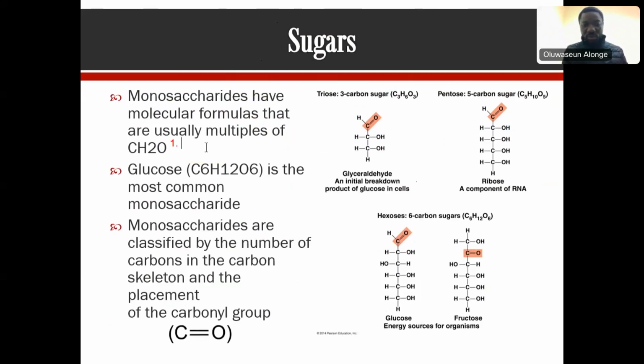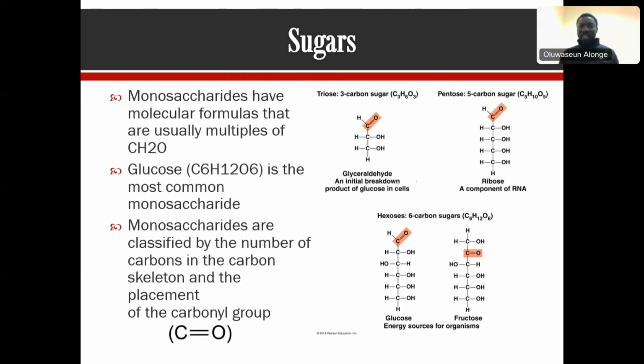Number 1, you have fructose. Number 2, you have glucose. And number 3, we have galactose. Those are the 3 monosaccharides.